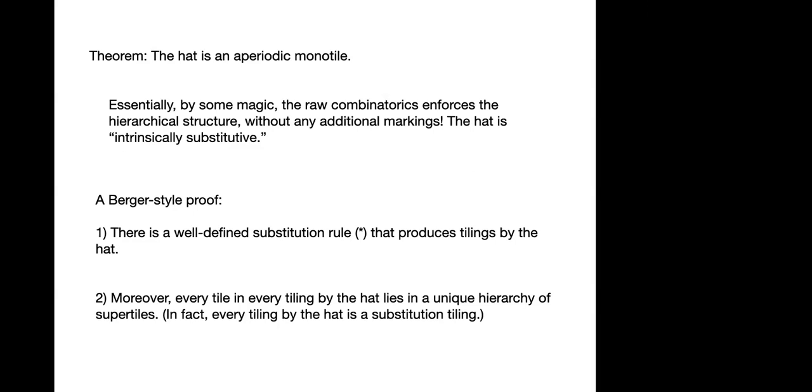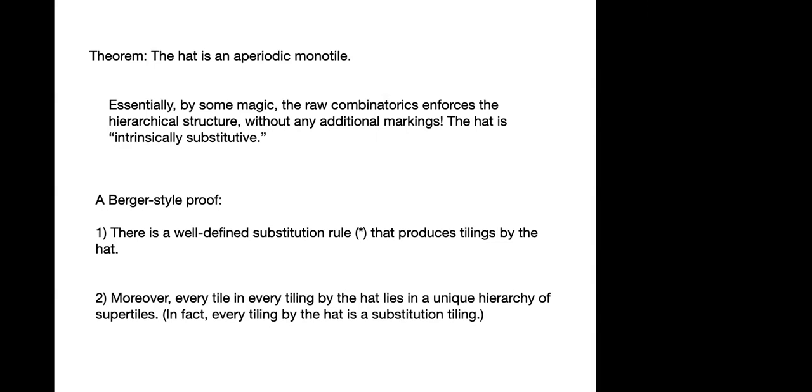The Berger-style proof is, first of all, we have a substitution rule. Here we have the extra trouble of showing that this is well defined, because the substitution rule is not at all obviously well defined. As you substitute, you have weirdly different shapes, and it's not clear that they would necessarily fit together properly. Then we have to show that every tile lies in a unique hierarchy of such tiles.